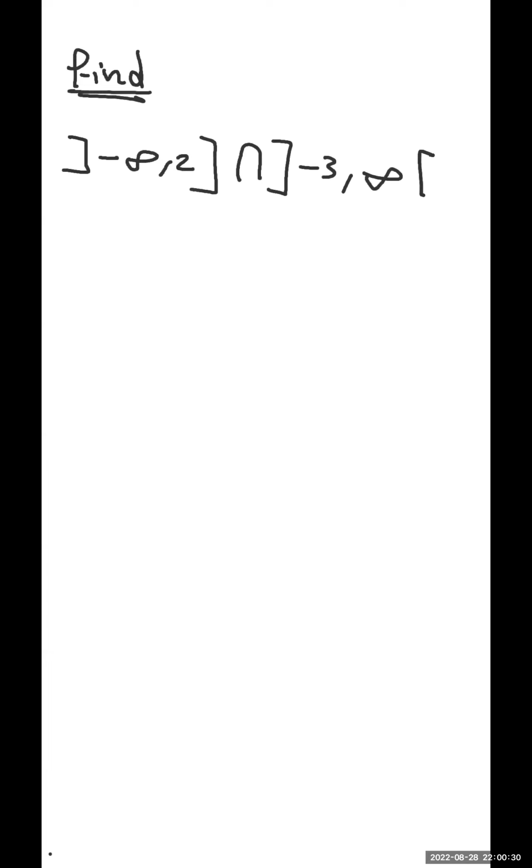Now to solve this question, represent the first interval on the number line. It's -infinity and 2, so this is the element 2. Is it closed? Yes, so shaded. Now I'm going in one of the two directions, positive or negative. Here, it's negative, so shade the whole negative direction.